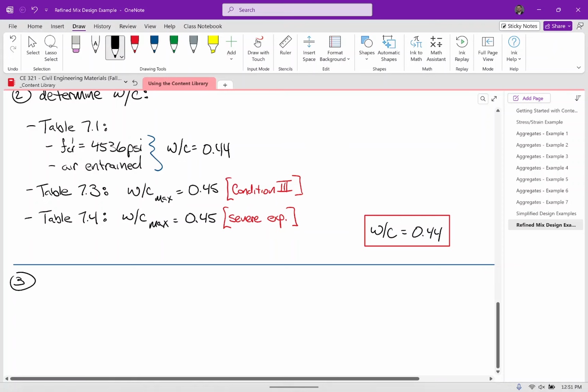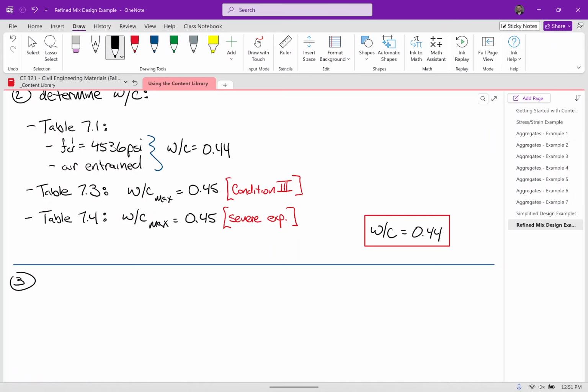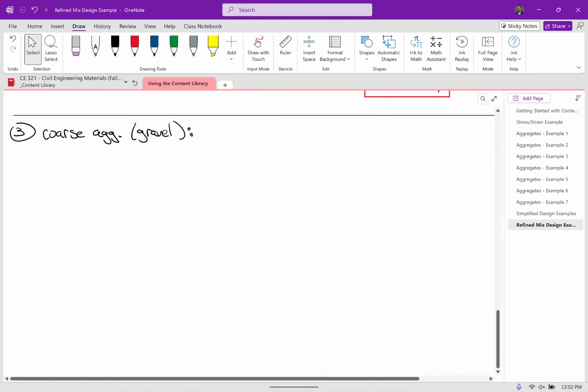Step 3 is going to be our discussion about the gravel. So let's talk about the gravel.